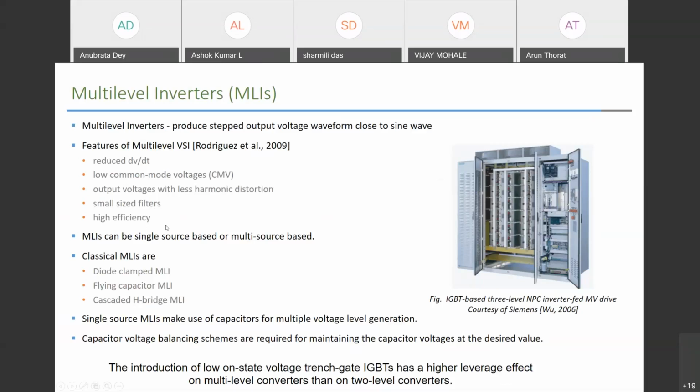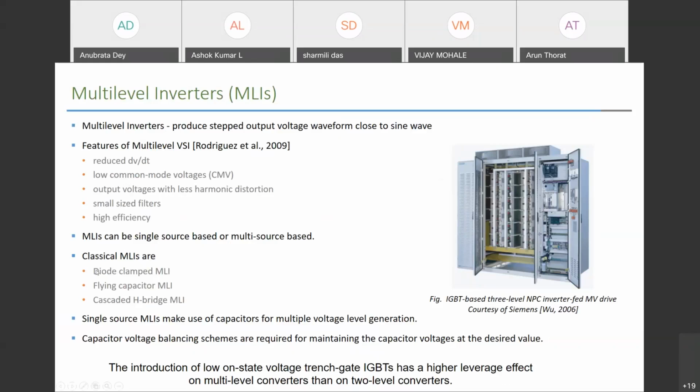If we compare the switching frequency of the inverter, that might be the same at the output level, but if you look at an individual switch, it may be switching at a very low switching frequency. So that way you have high efficiency overall. So there are several advantages. And MLIs can be single source based or multi source based.